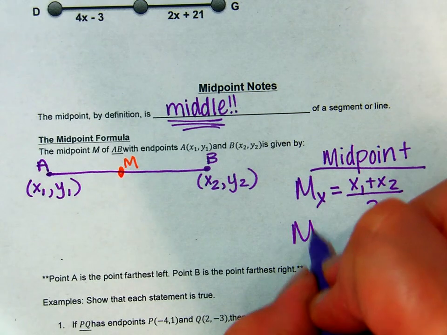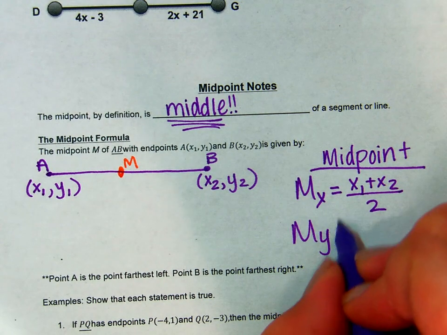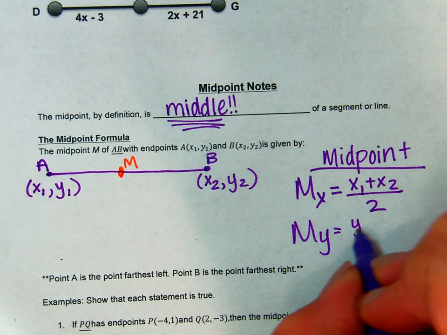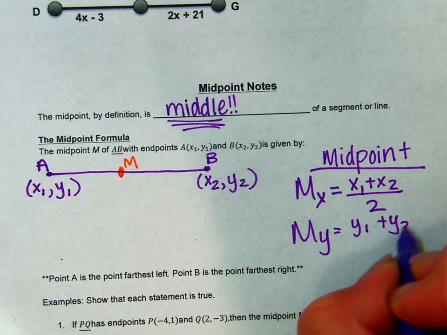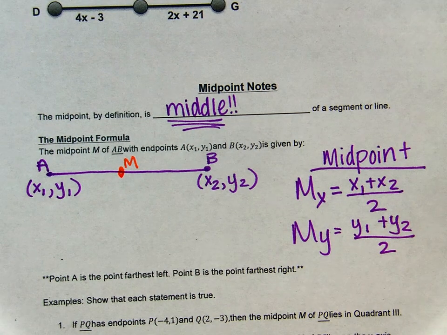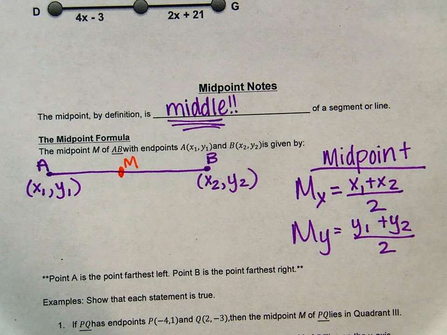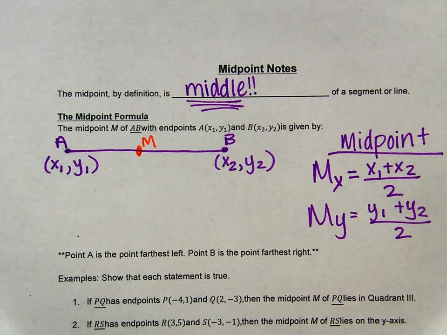And the y-coordinate of the midpoint is y1 plus y2 divided by 2.